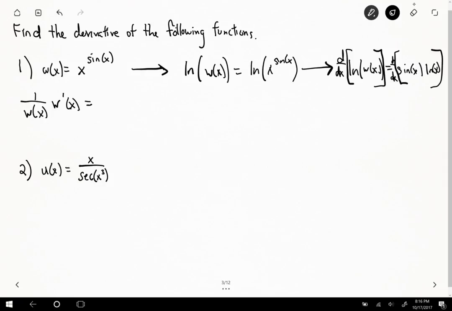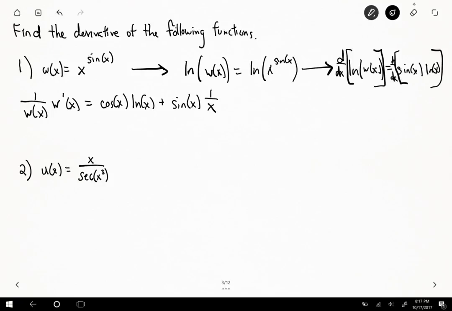Equals product rule on the right hand side. So derivative of sine of x is cosine of x times the natural log of x plus, we'll write sine of x times derivative of natural log of x is 1 over x. So that's just our product rule in play.